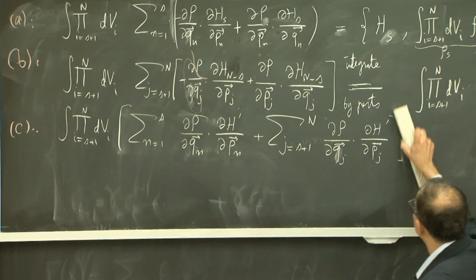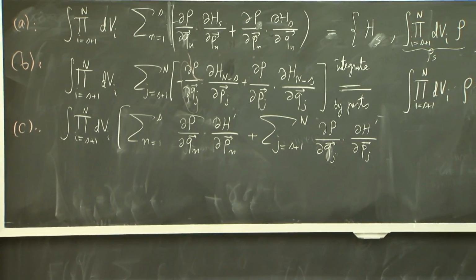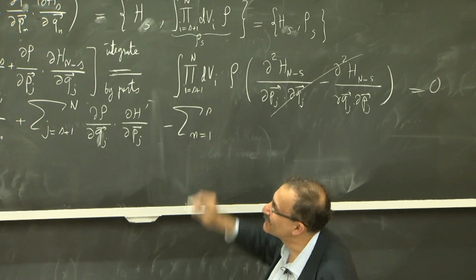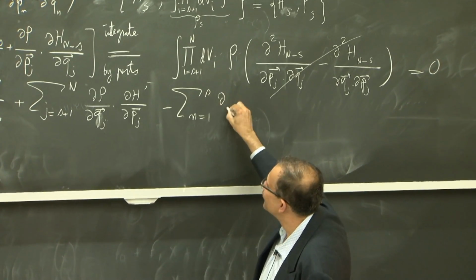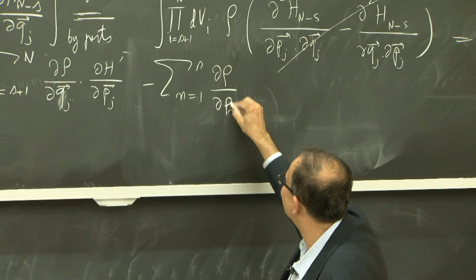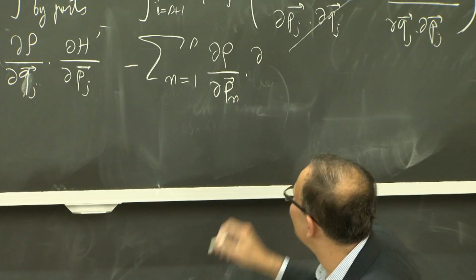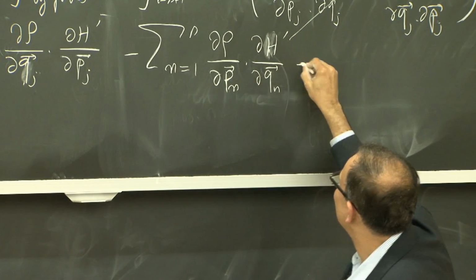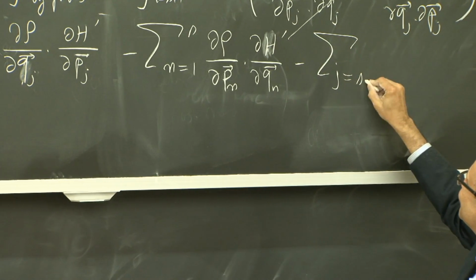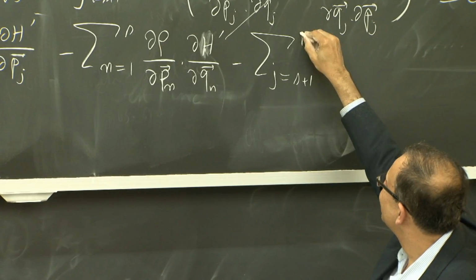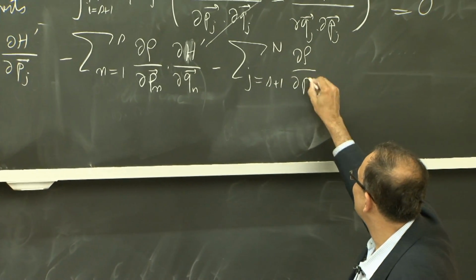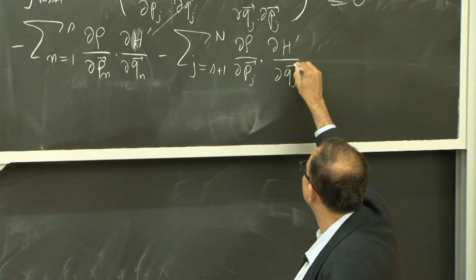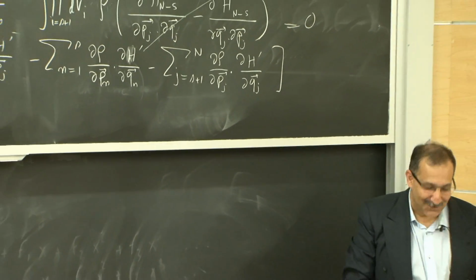And then it brings up a very important question, which is I forgot to write two more terms: the sum n running to s of d rho by dPn dot d H prime by dQn, minus the sum j from s plus 1 to n of d rho by dPj dot d H prime by dQj. So indeed, both answers now were correct.